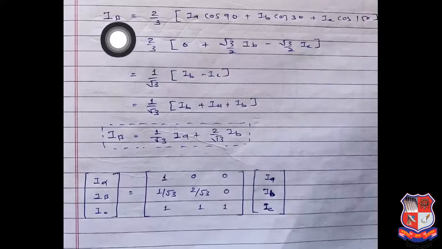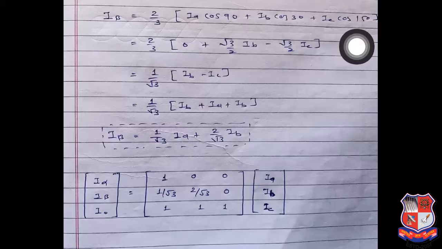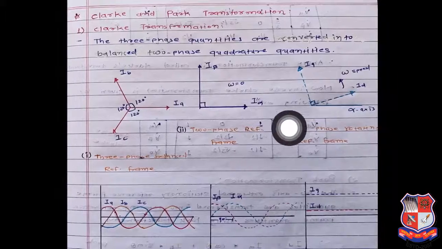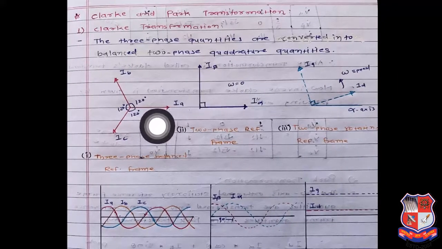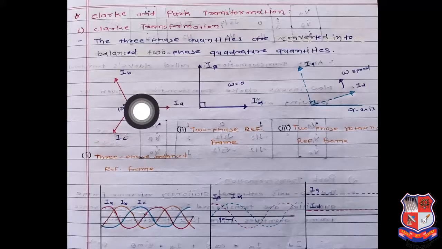Now the same thing for I beta. So I beta is given by 2 by 3 into IA cos 90 plus IB cos 30 plus IC cos 150. We can see in the figure that I beta is equal to 2 by 3 IA cos 90, because the angle between I beta and IA is 90. Then the angle between I beta and IB is 30. Then the angle between I beta and IC is 120 plus 30, meaning 150.